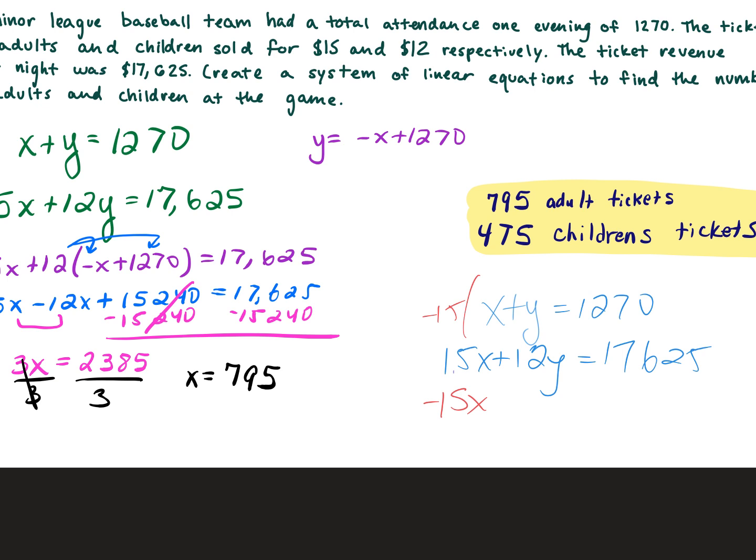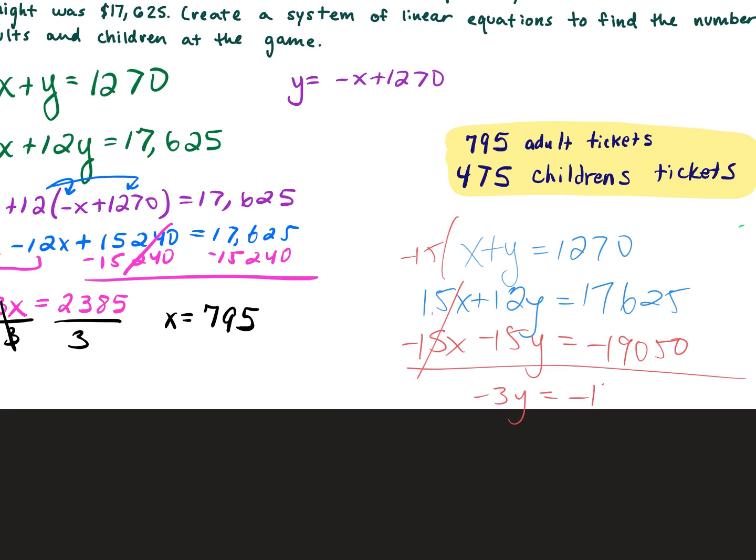So negative 15x minus 15y gives me negative 15 times 1270, which is negative 19,050. So negative 3y equals 17,625 minus 19,050, which is negative 1425.